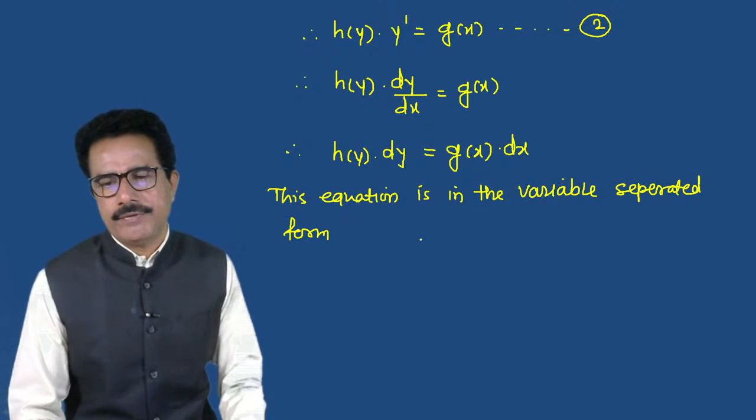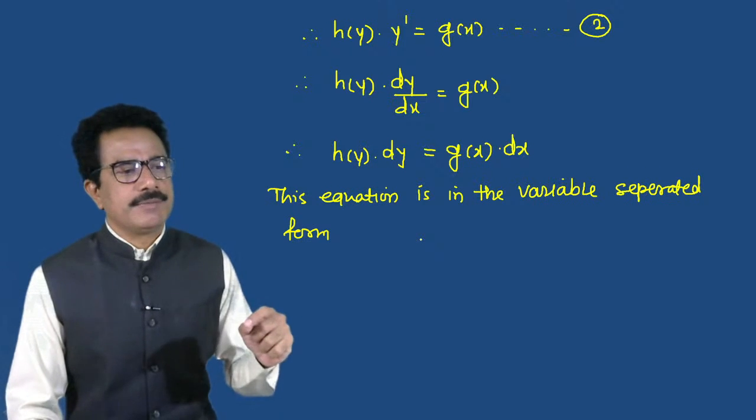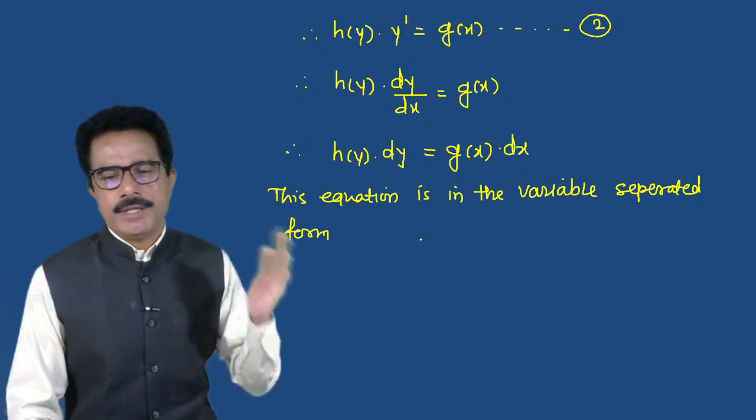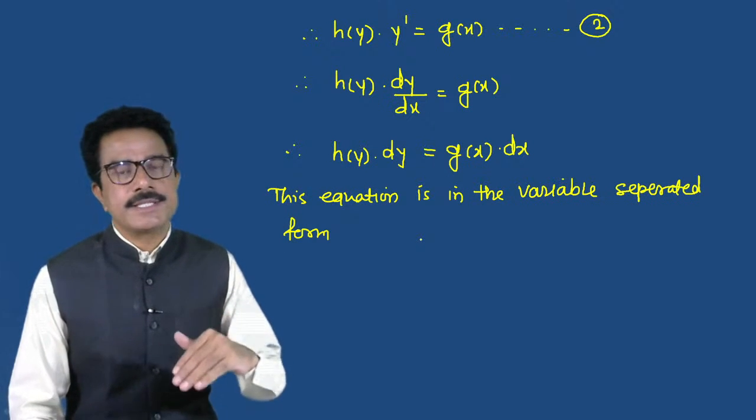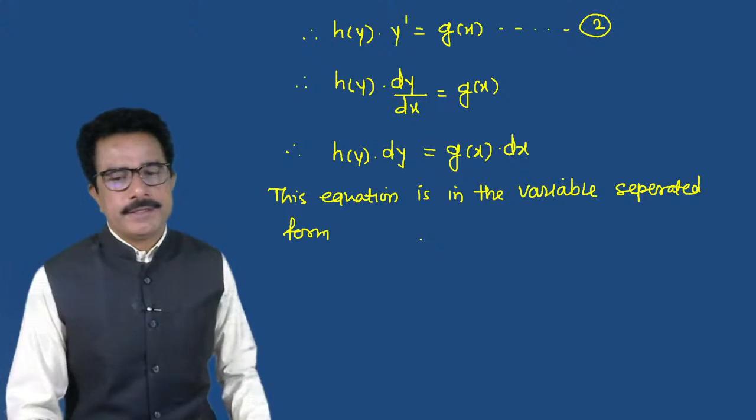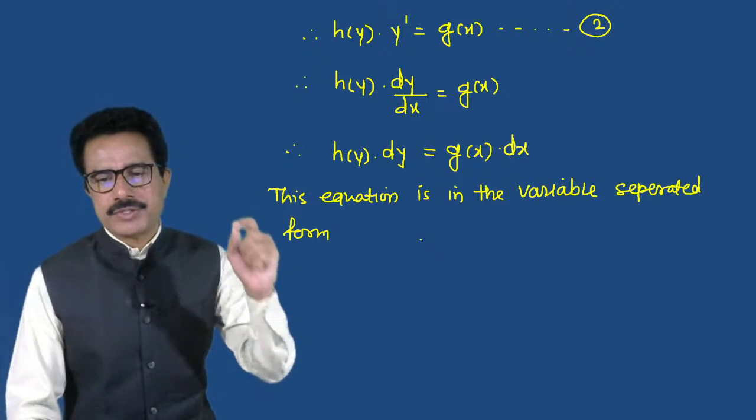Variable separated form, because h is a function of y, g is a function of x. If we consider, let phi of x be the solution.